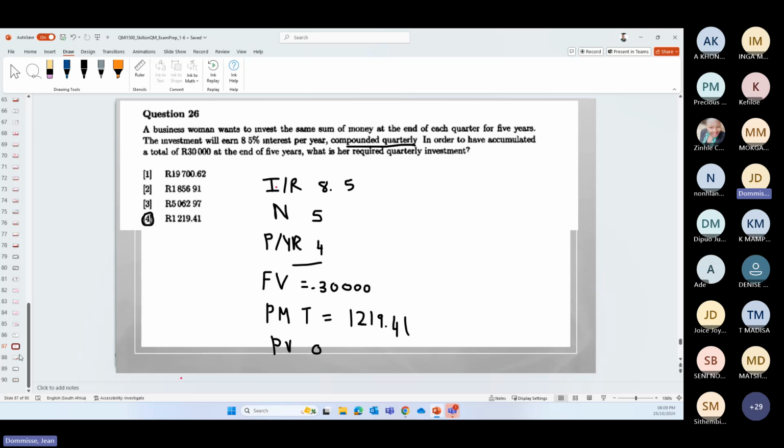So just be very careful with that difference in quarterly and monthly and half yearly and yearly.